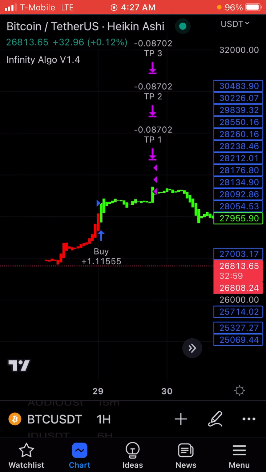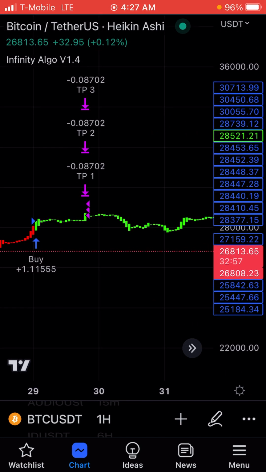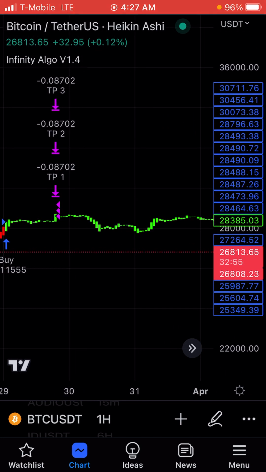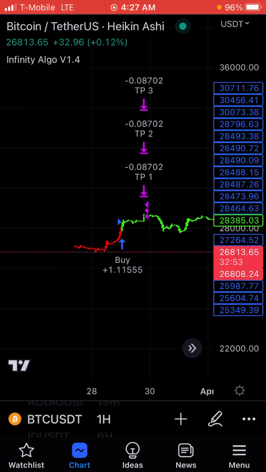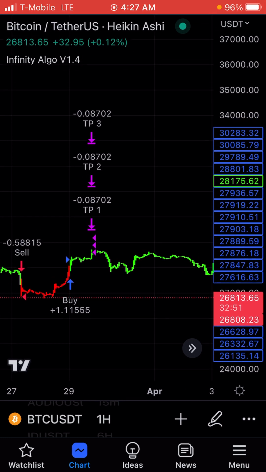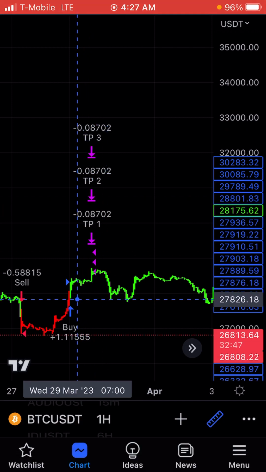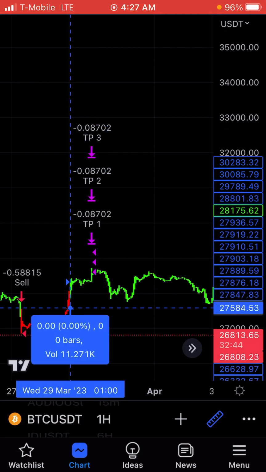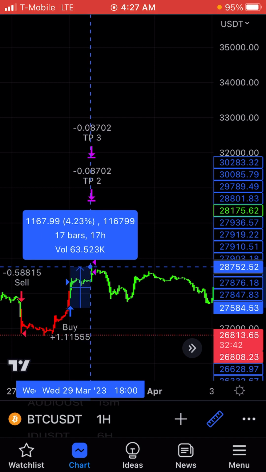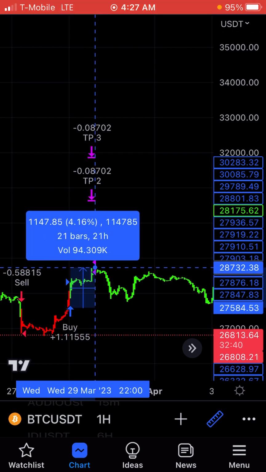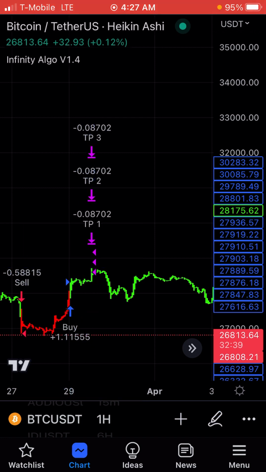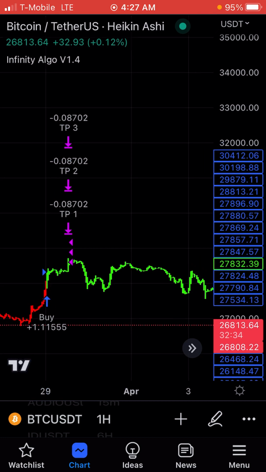I don't know if my phone can stretch this out, but let's see. So it tells you to get in right here, and then you would sell up here. This is your take profit zone. So that's a 4% increase. So you got your first, second, and third take profit zone.